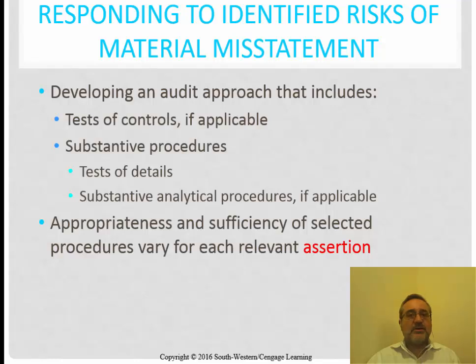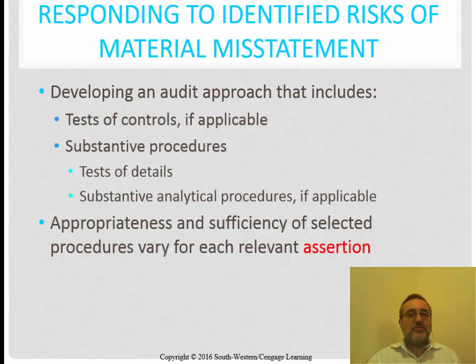As we are conducting our risk of material misstatement assessment, we are considering the risk from the inherent perspective. We're also considering the risk based upon our test of controls. The test of controls and the inherent risk defines our risk of material misstatement.